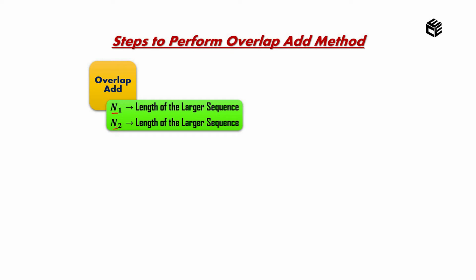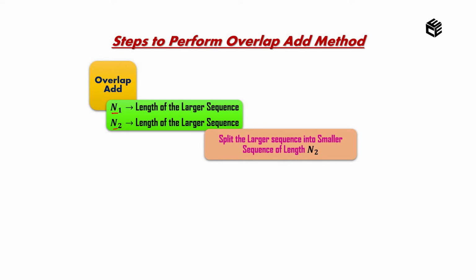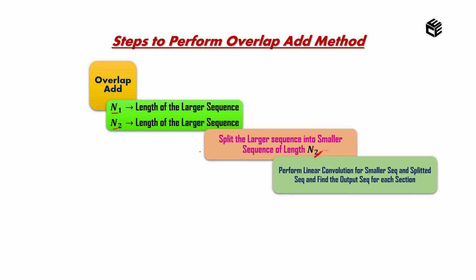Once we find the n1 and n2 values, the second step is splitting the larger sequence into smaller sequences of length n2. Once splitting is done, we perform linear convolution of the smaller sequence with each split sequence and find the output of each convolved sequence.